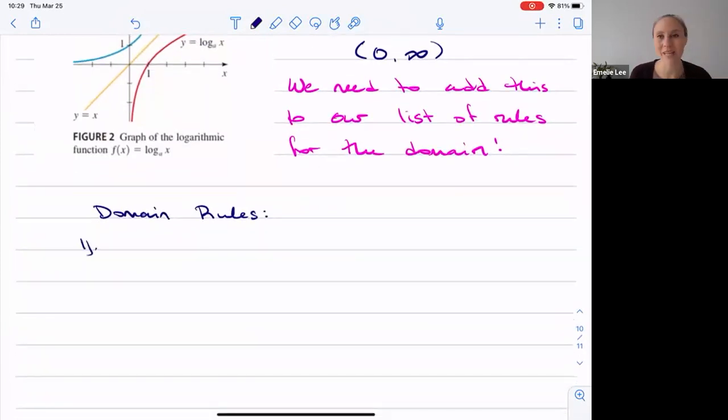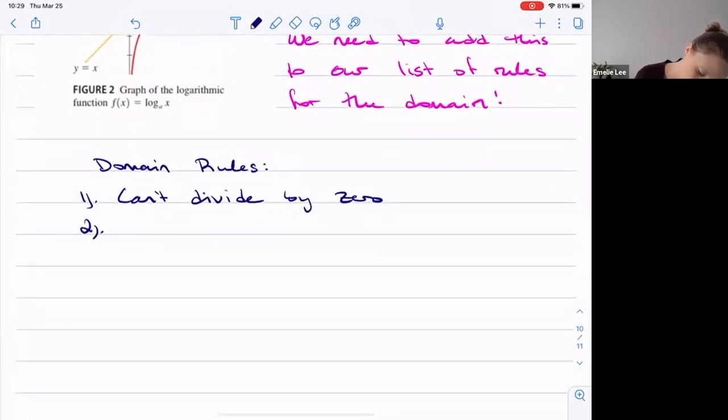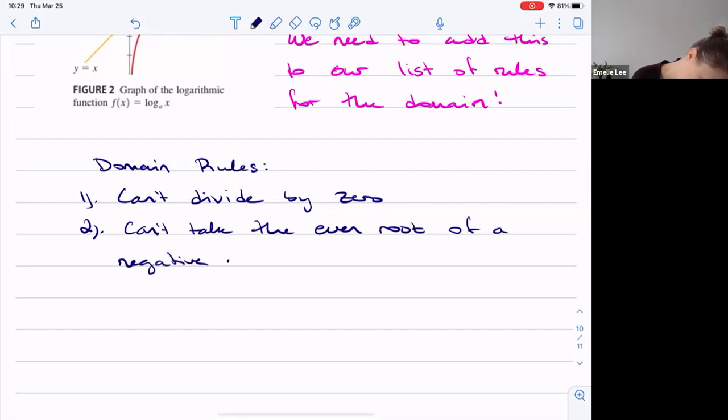Number 1, we can't divide by 0. Any value that makes you divide by 0 has to get pulled out of the domain. So we can't divide by 0. Number 2, I can't take the even root of a negative number.